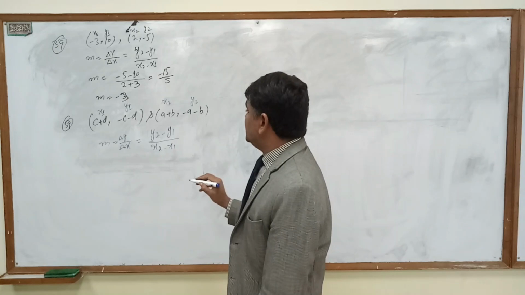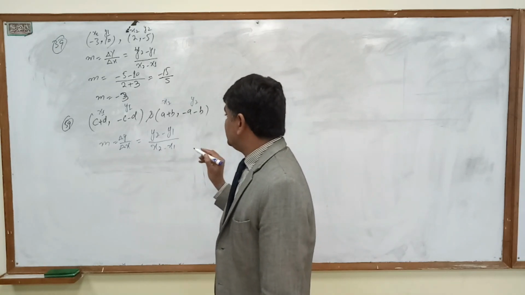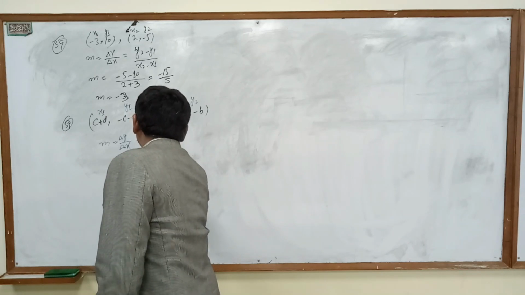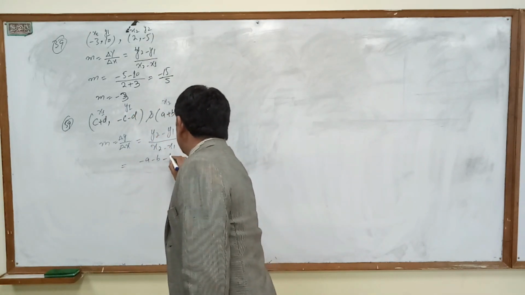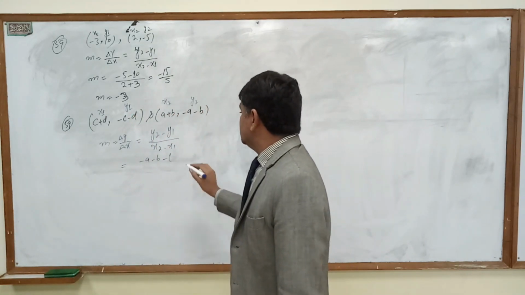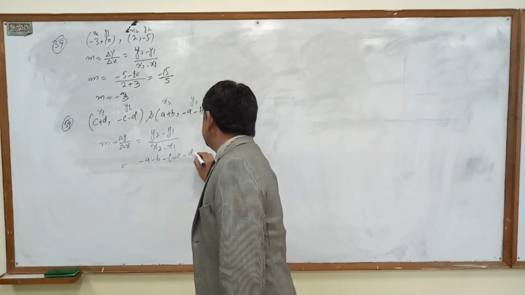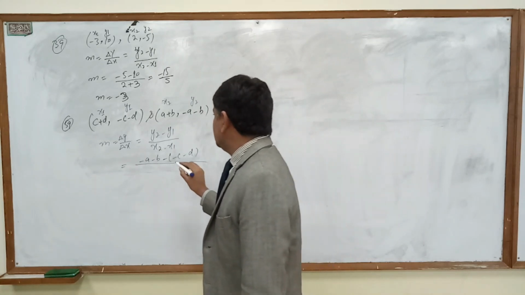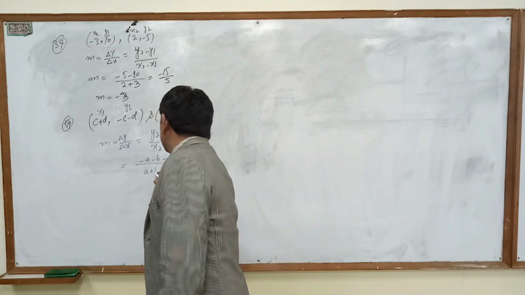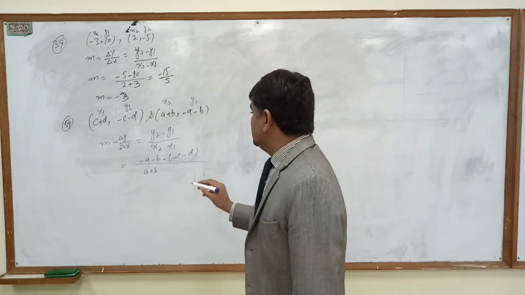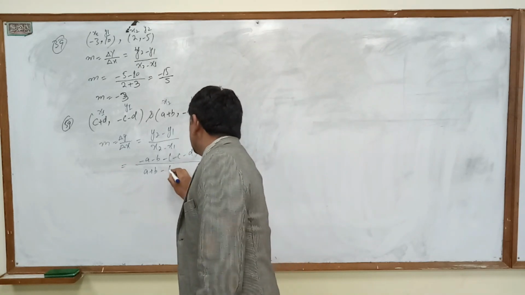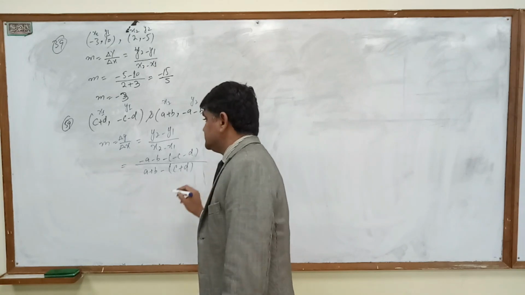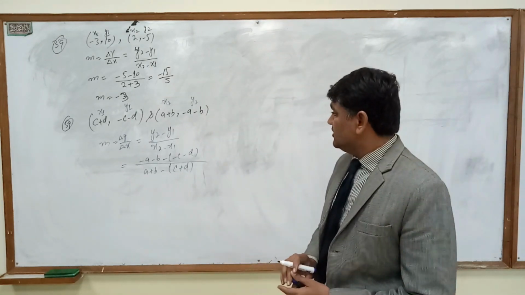Here you can place the values. y2 is minus a minus b, minus the value of y1, which is minus c minus d, whole divided by x2, which is a plus b, minus x1, which is c plus d.